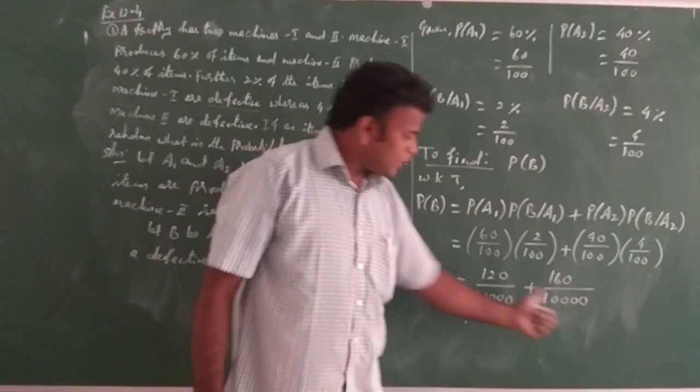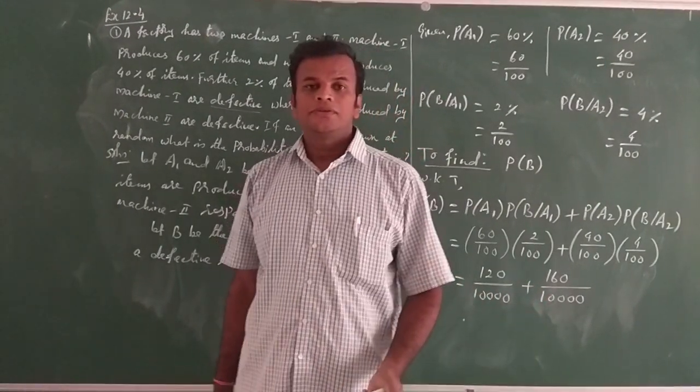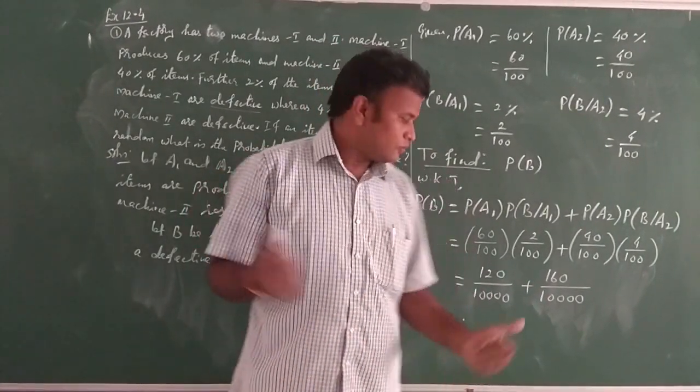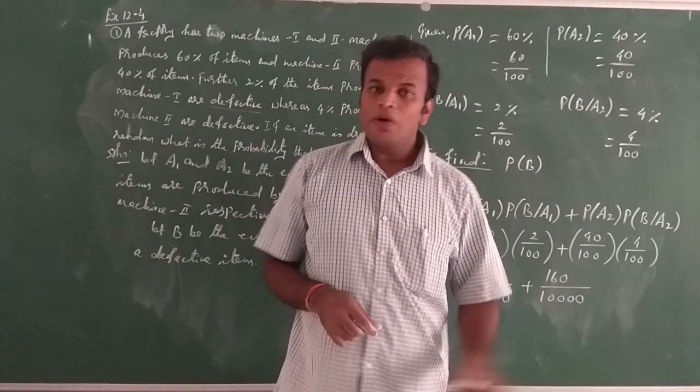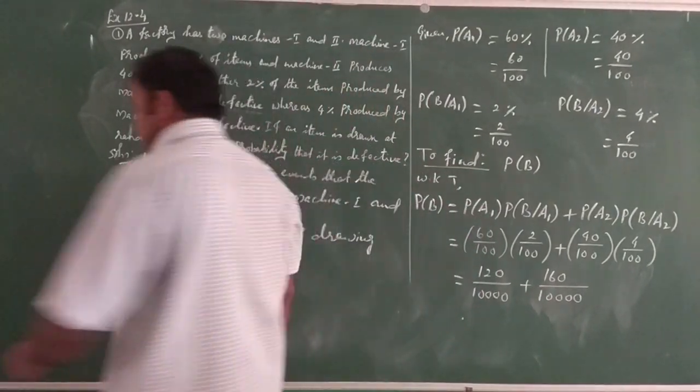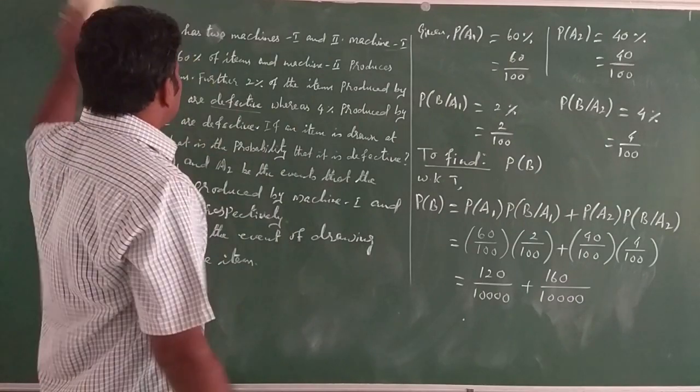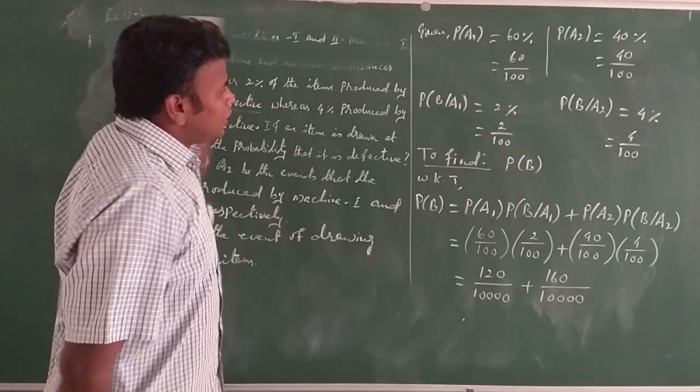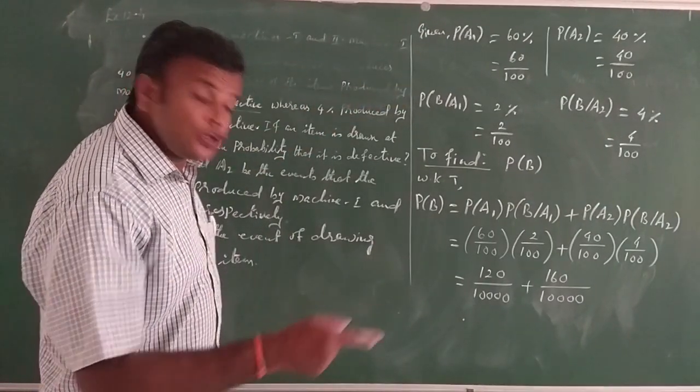You see, in both the terms the denominator is 10,000, so we add the numerators. Now we simplify.